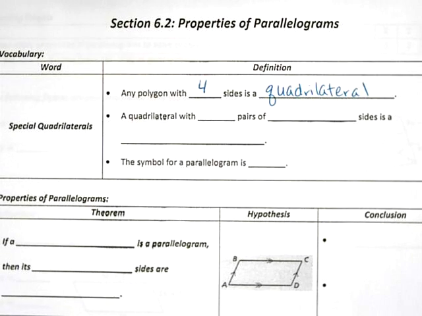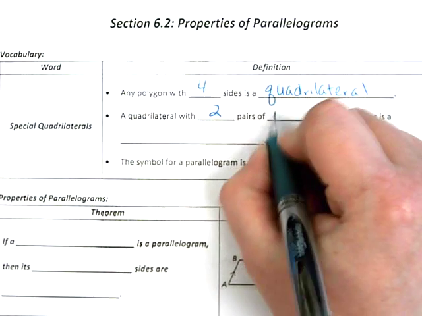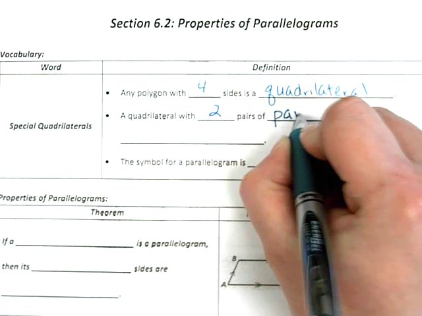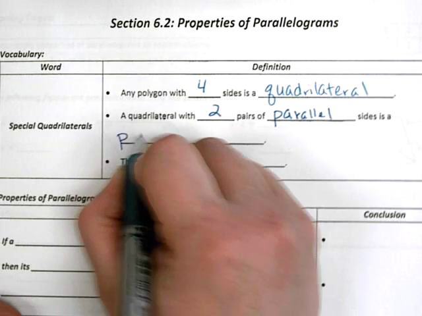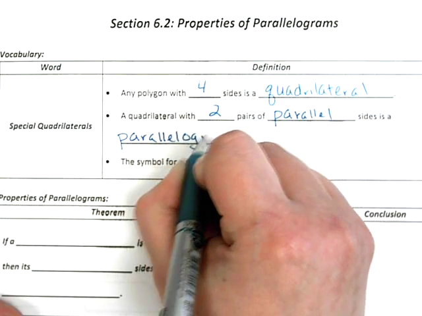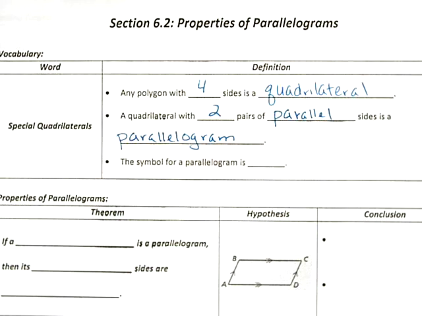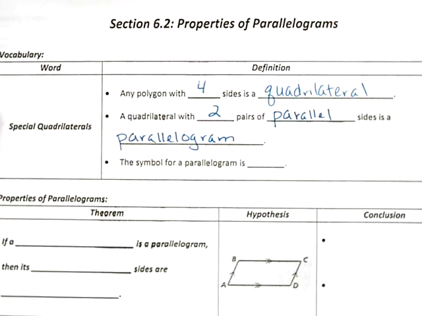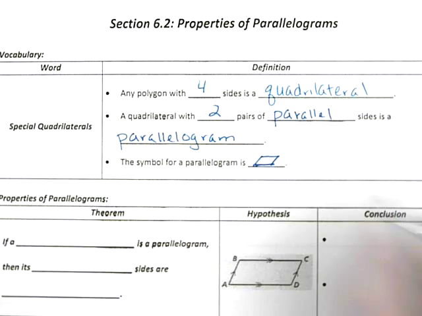Okay, a quadrilateral with 2 pairs of parallel sides is a parallelogram. All right, so it has 2 pairs of parallel sides, not just one, all right? It's got to be both pairs. The symbol for parallelogram is actually just a little parallelogram, which is nice and easy, okay?